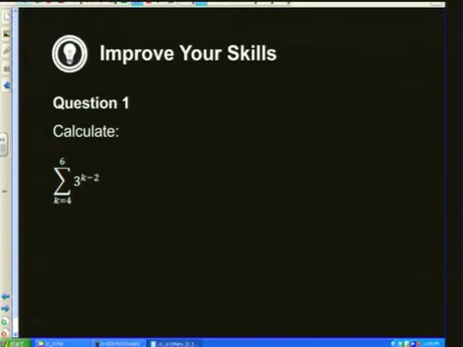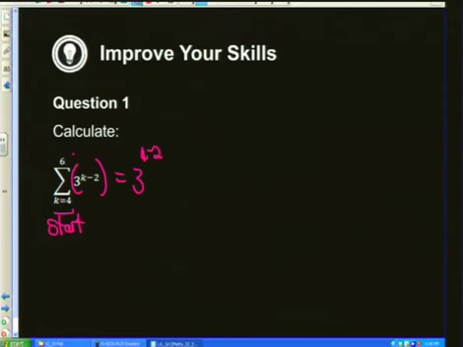But for now, let's get back to the revision. Right, question 1 says calculate the sum from k equals 4 to 6 of that particular formula. Now, as I explained to you, it's telling me to start at k equals 4. So I would go along and I'd say 3 to the 4 minus 2.